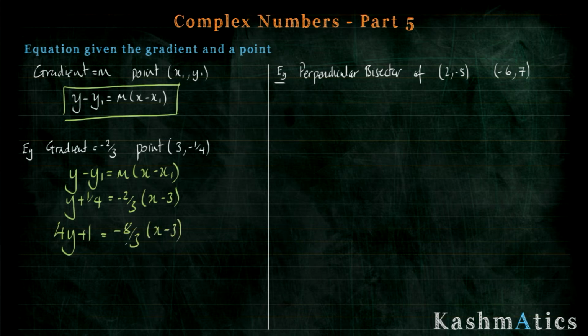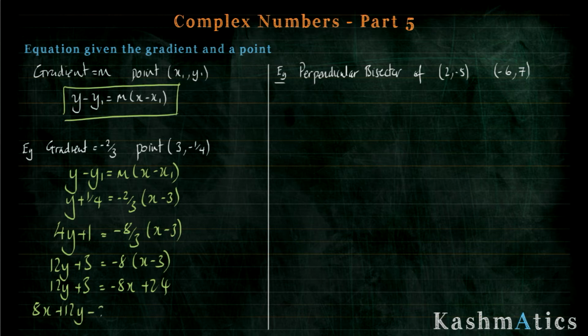And then now I'm going to multiply by 3, so I'd get 12y plus 3 is equal to minus 8 (x minus 3), and I'm just going to expand the brackets. 12y plus 3 is minus 8x plus 24, and then what we normally do is have it in the form ax plus by plus c equals 0. So let's just move everything to the left hand side, and I'll get 8x plus 12y, and I've got 3 take away 24, so minus 21 equals 0.